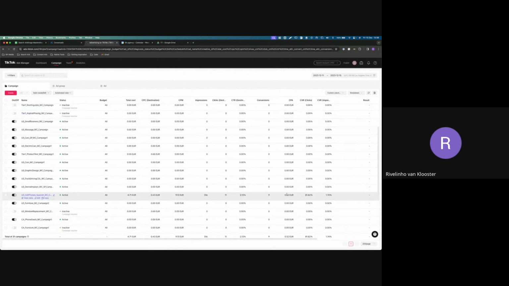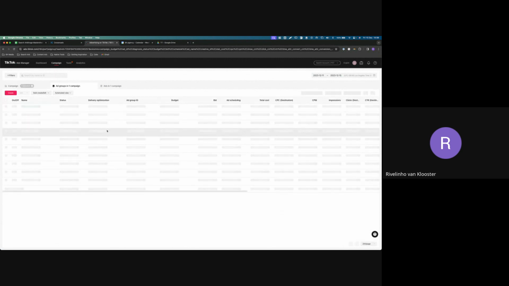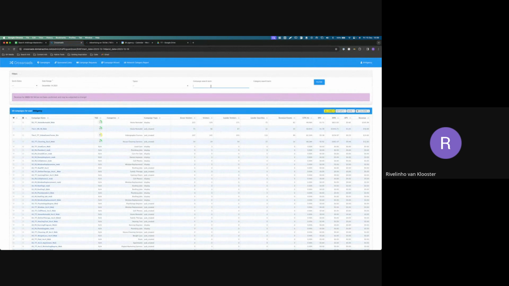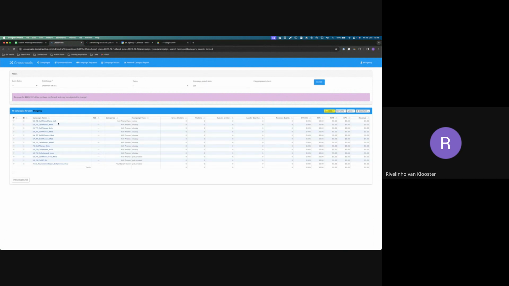The CPA, as you can see, was 52 cents, which is not ideal. Let's see which one it was again.